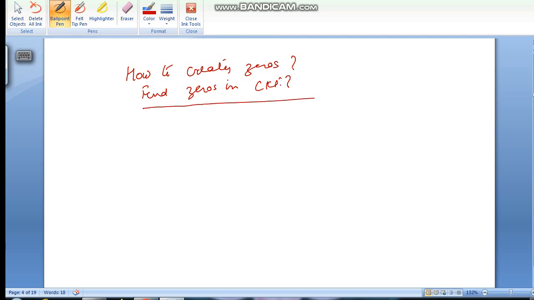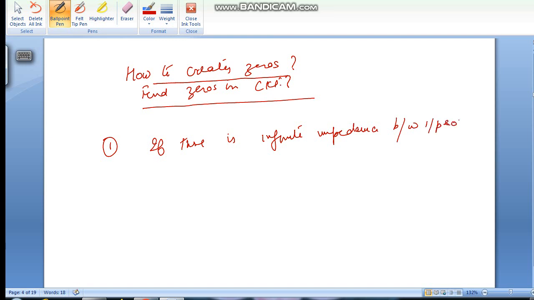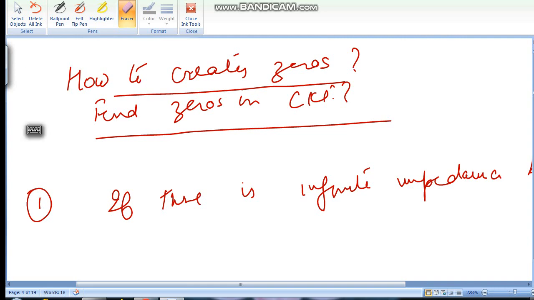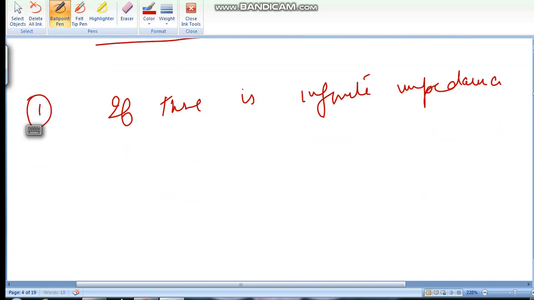So first, if there is infinite impedance between input and output, then it will create a zero.